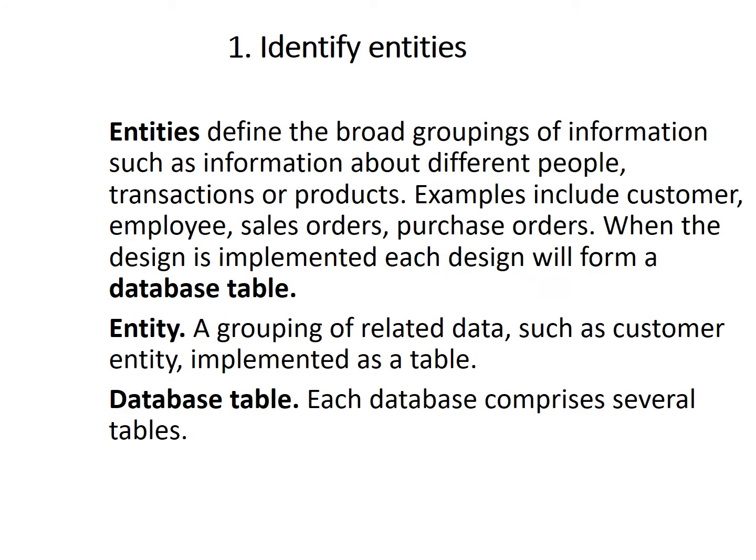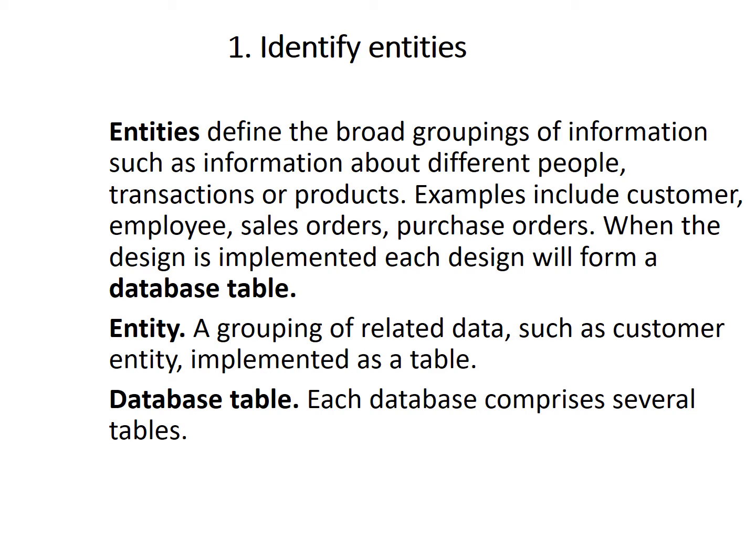So if we look at number one, identifying entities, here we're saying entities define the broad groupings of information, such as information about different people, transactions or products. Examples include customer, employee, sales orders, purchase orders. When the design is implemented, each entity will form a database table. So as we saw before, those were different database tables.